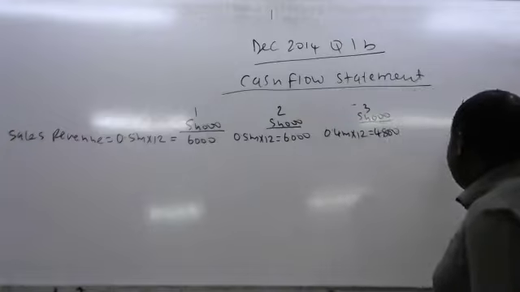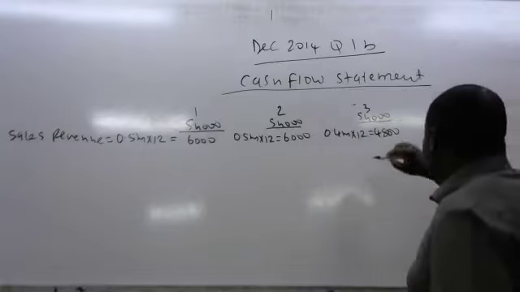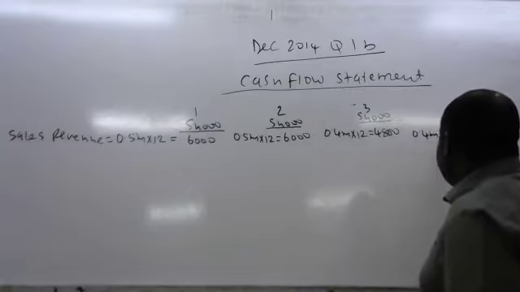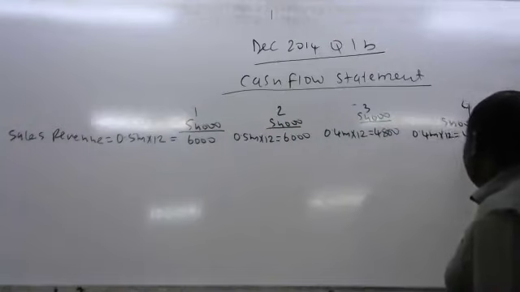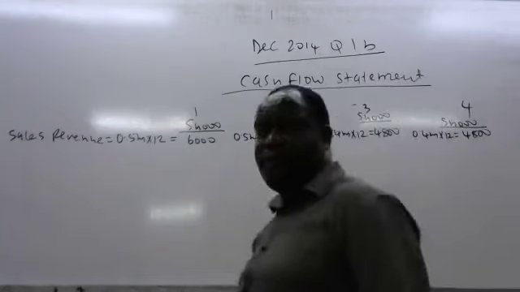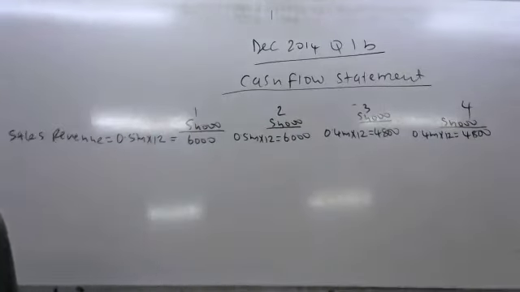The same case for year 4. It is still the same figure, where you also get 4.8 million.